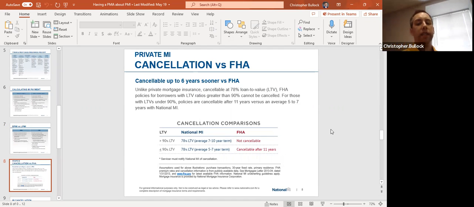This is another breakdown of when MI goes away, depending on conventional versus FHA. What's awesome is with conventional, it falls off automatically at 78% loan to value. What most people don't realize is that if they hit 80%, they can just call the mortgage servicer and request it, and it goes off right then.